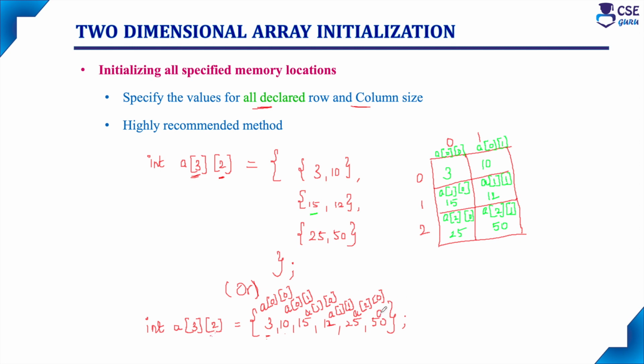And here this is a of 2, 1. Likewise, it will take it. So both methods we can implement. This method is clear to understand. In this method, we need to keep track of the row size and column size to understand better. So commonly we will use this method only, and initializing all specified memory locations is the recommended method to implement in two-dimensional arrays.